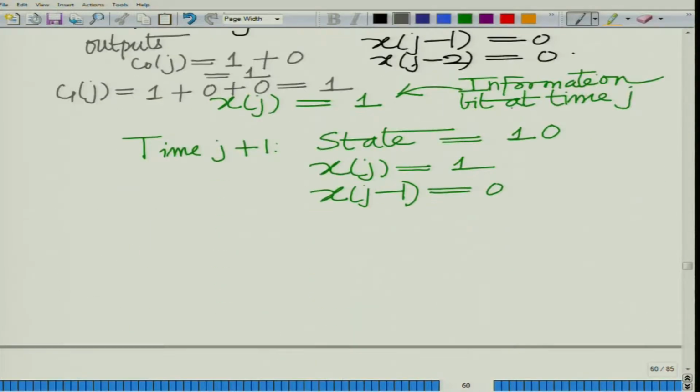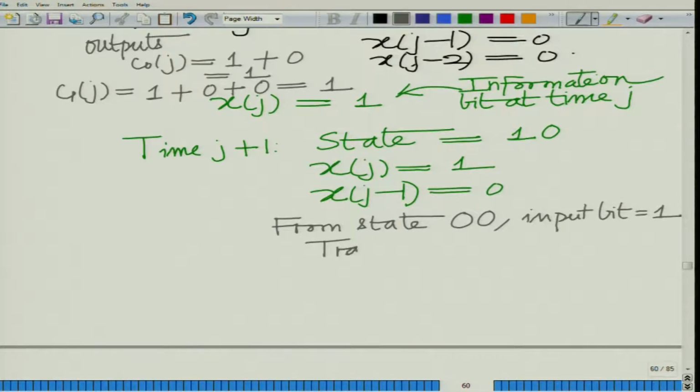So the way to read this is: from state 0 0, with input bit equal to 1, it transitions to 1 0 and the output equals 1 comma 1.